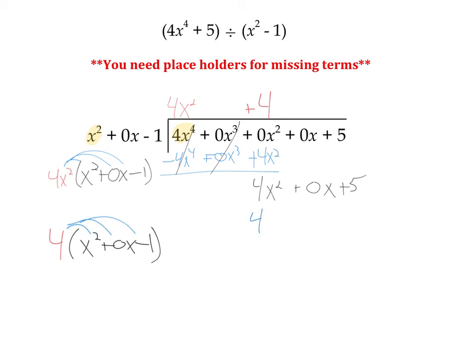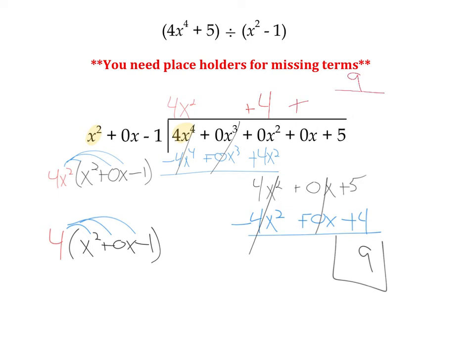When I do that, I will get 4x squared plus 0x minus 4. To find the difference, we will do the opposite operation for every term. First terms should cancel if you did it correctly. 0 and 0, who cares? And we've got a remainder of 9. Since it's a positive 9, it'll be a plus 9 over my divisor, x squared minus 1.